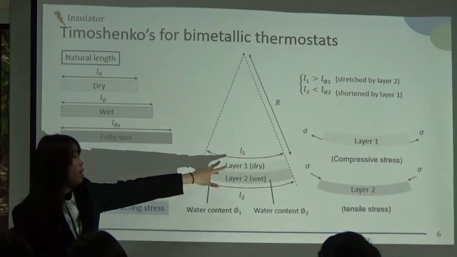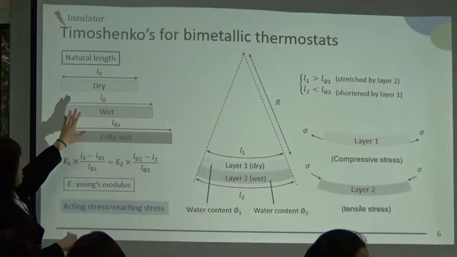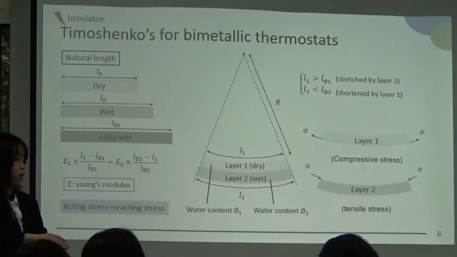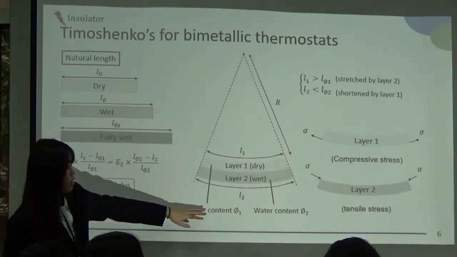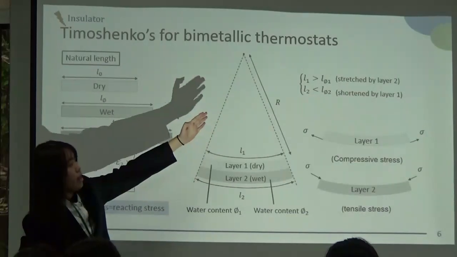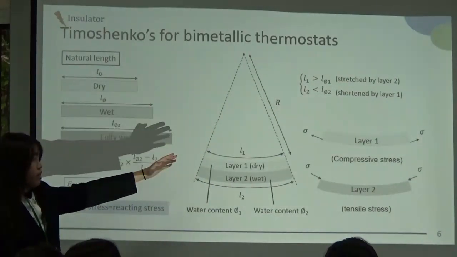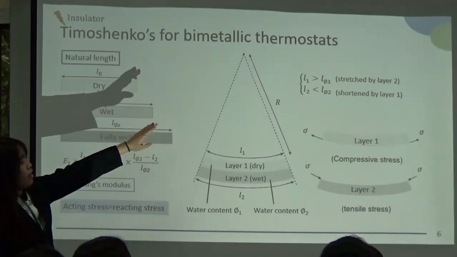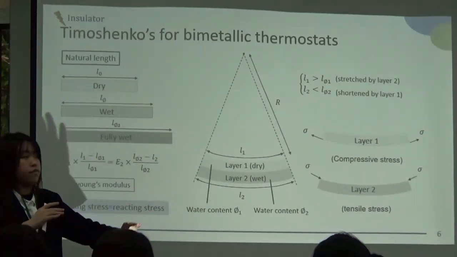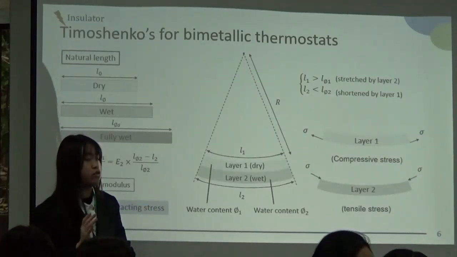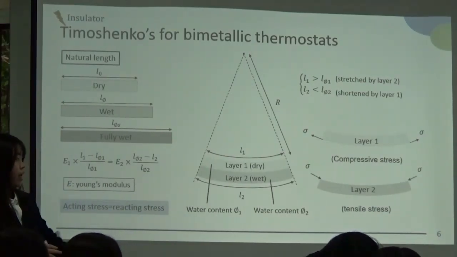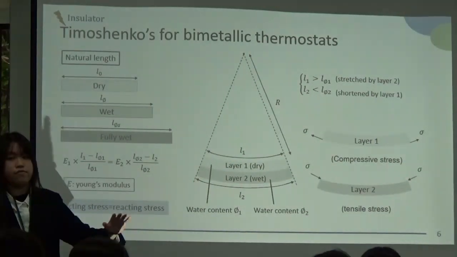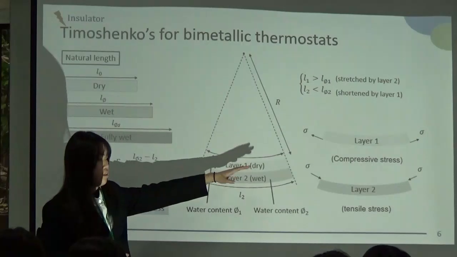And L1 here is the natural length of layer 1, and L2 here means the natural length of layer 2. So after it absorbs the water, we can know that L2 will be bigger than L1, which means that layer 1 is stretched by layer 2. So layer 1 will be smaller than L2, which means that layer 2 is shortened by layer 1. And we know that layer 1 will give layer 2 a compressive stress, and layer 2 will give layer 1 tensile stress.